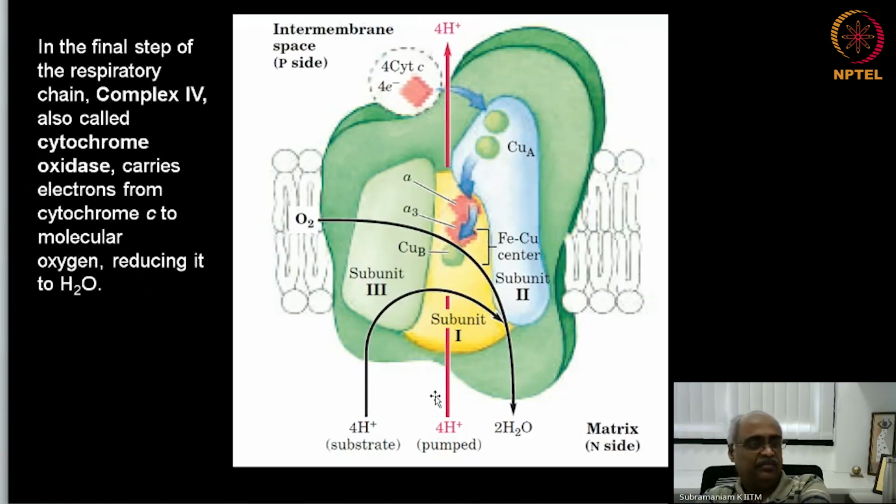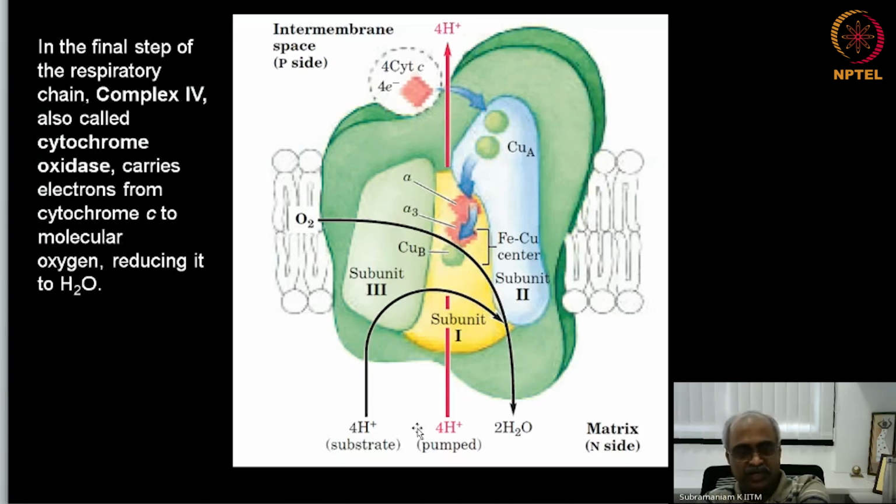Okay, and this is how electrons abstracted from food materials like carbohydrates, fatty acids and so on are finally used to reduce oxygen to water, and the free energy made available by the electron flow from glucose to oxygen, glucose being lower reduction potential to oxygen being the higher reduction potential.